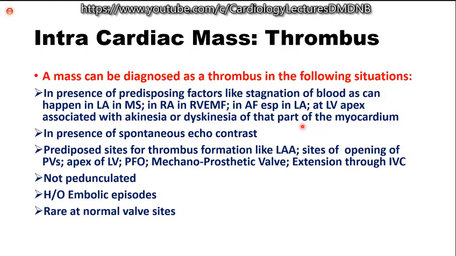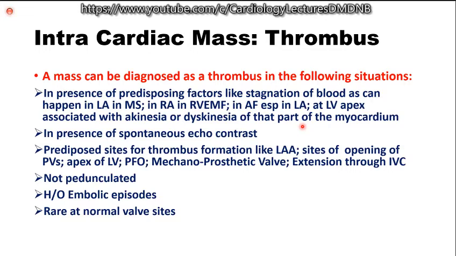So for thrombus, the most important point is the stagnation of blood. In presence of stagnation of blood, I have mentioned a few situations: a patient with mitral stenosis, left atrium; a patient with RV endomyocardial fibrosis, right atrium; a patient with atrial fibrillation, either the left atrium or right atrium; and a patient with myocardial infarction with akinesia or dyskinesia of that part of the myocardium, especially the apical myocardium.